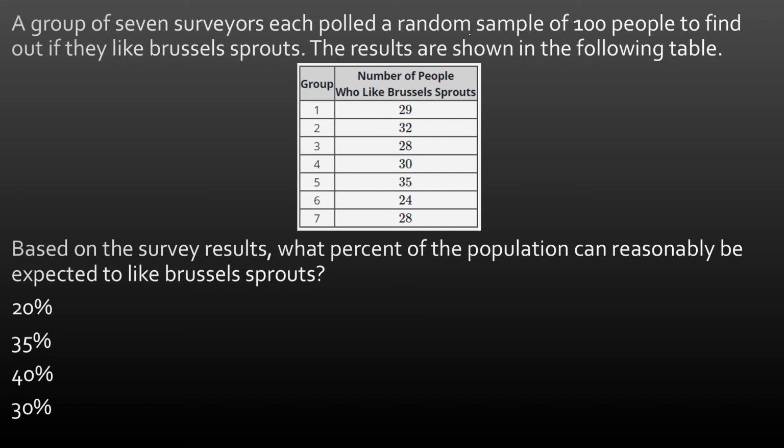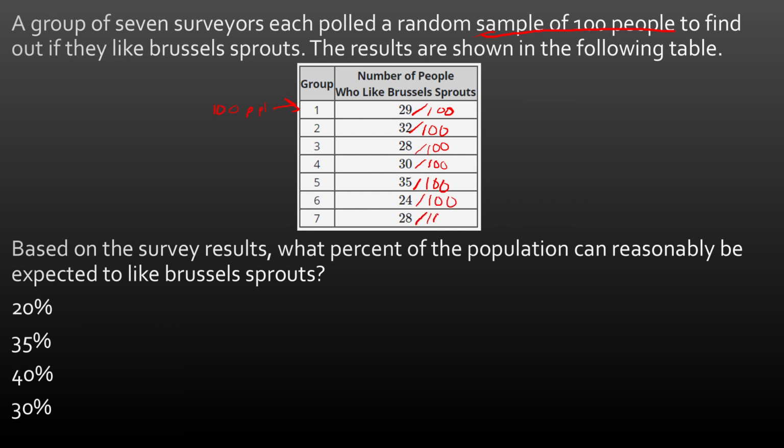It tells me up here that each of these random samples has 100 people. So in group 1, there are 100 people that were asked. Same thing in group 2. So 29 out of those 100 people in group 1 said they like Brussels sprouts. In group 2, 32 out of 100 people. All of these are going to be out of 100 people.